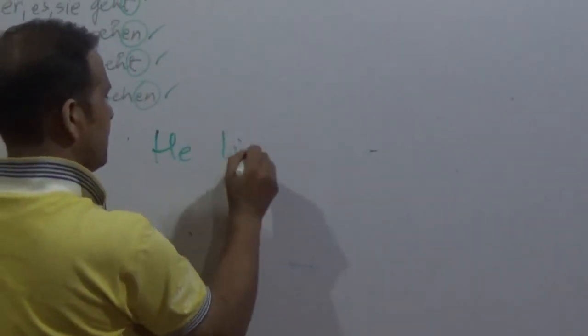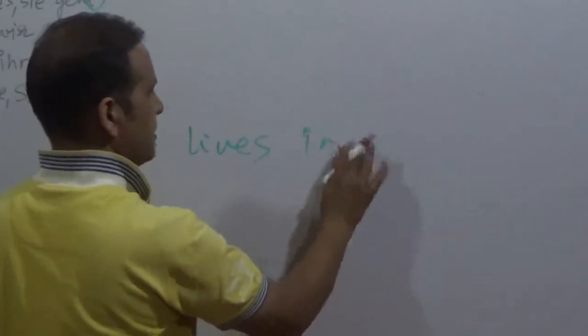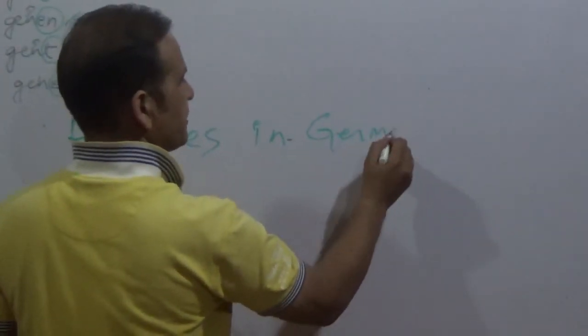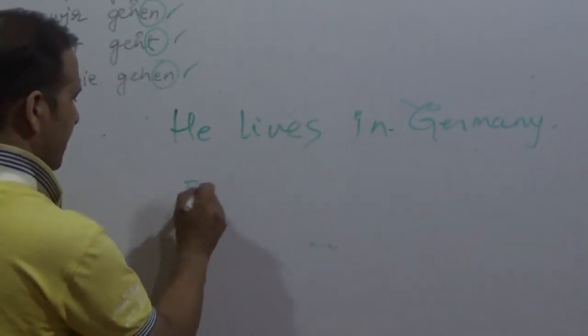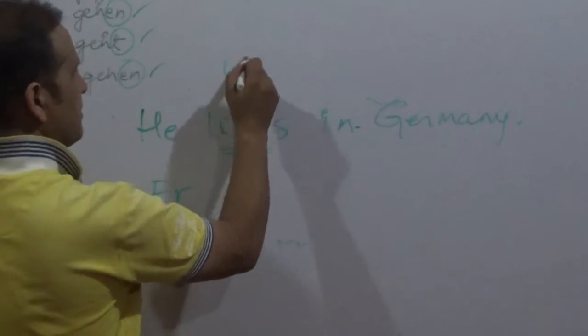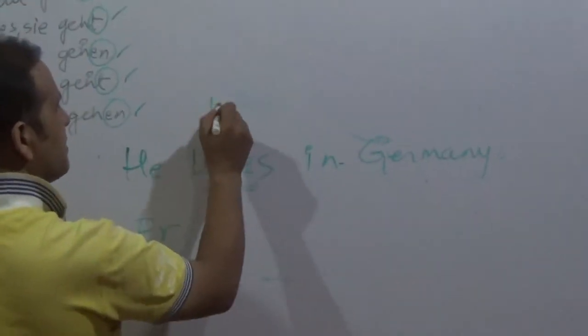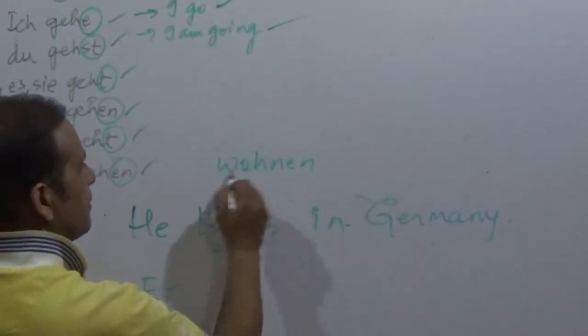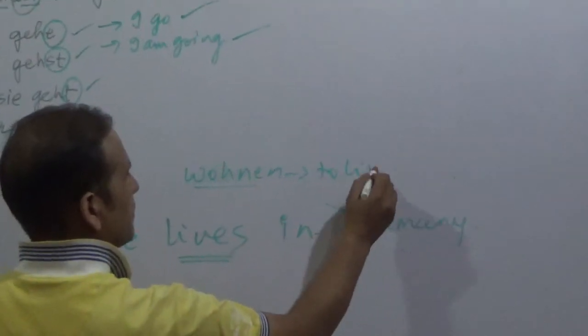Okay. Listen, I'll give you one more example. Suppose I want to say, he lives in Germany. So, what is he? And lives, for this you can say wohnen. Wohnen means to live.